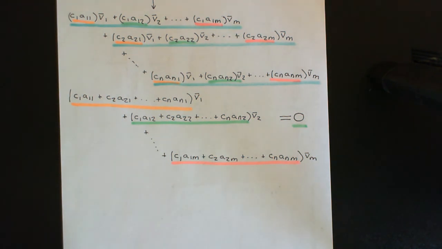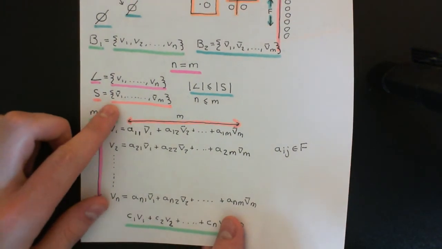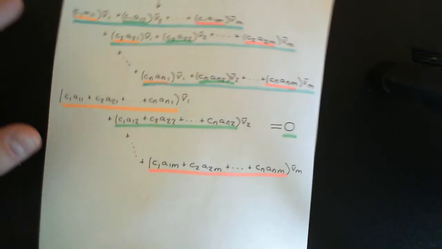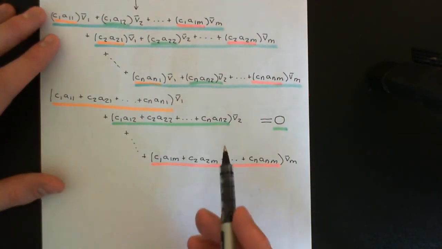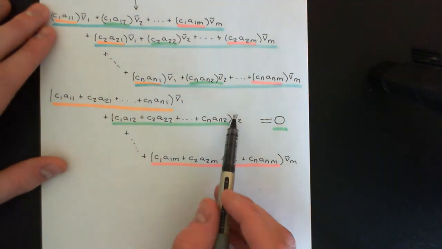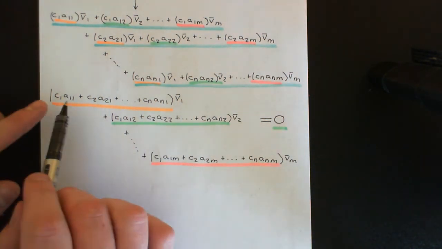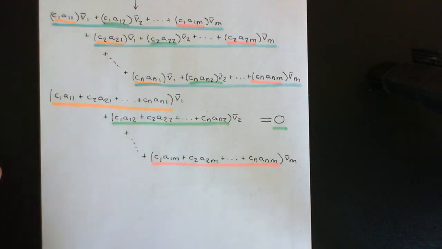Because remember, that set capital S, going back here, we said it spanned the vector space, we didn't say it was linearly independent. So it's potentially possible that there is a linear combination of these n vectors which gives you the 0 vector, in which you don't need to have 0 in front of all these coefficients.